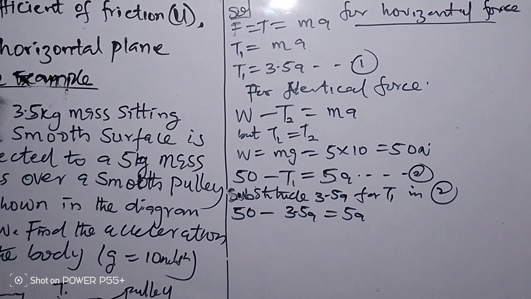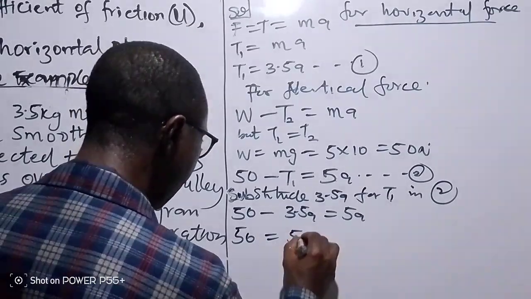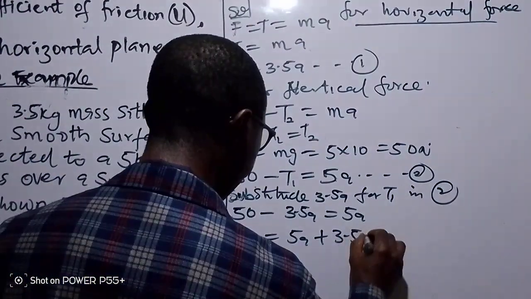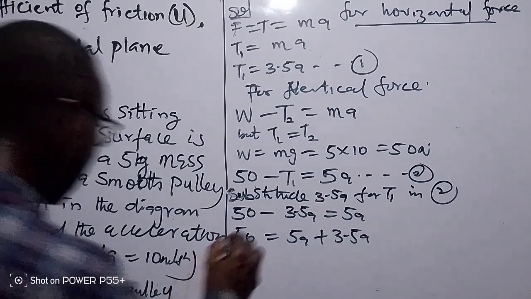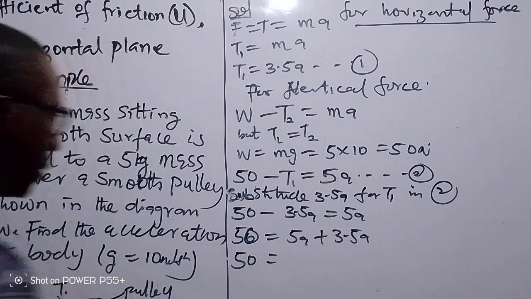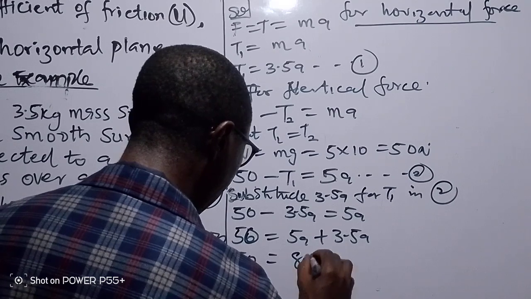Now, that will be 50 is equal to 5A plus 3.5A. Then it will give us 50 is equal to 8.5A.